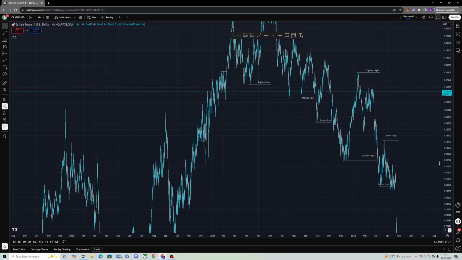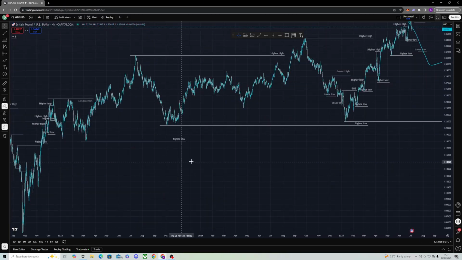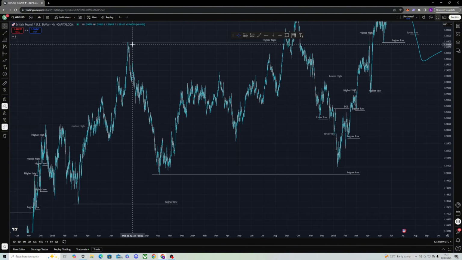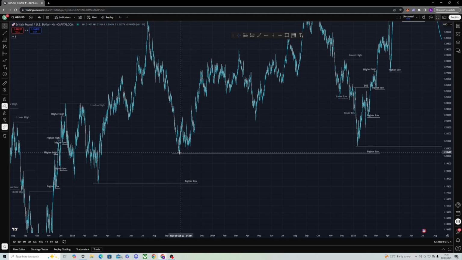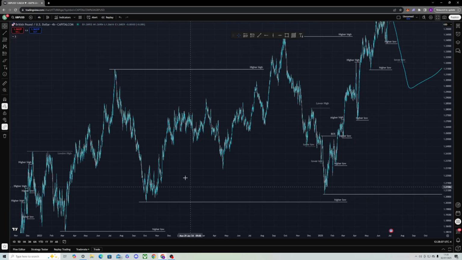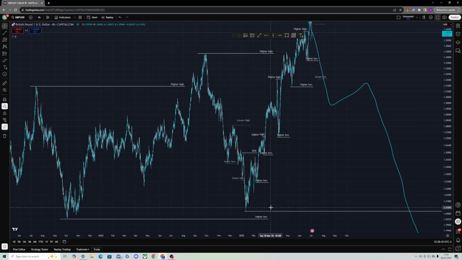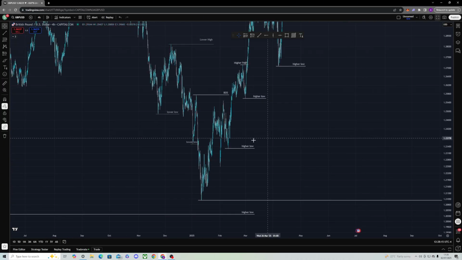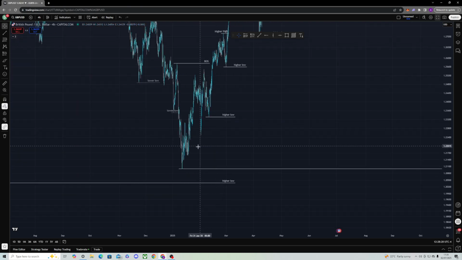As you can see, these are external, which is more obvious on a higher time frame. These are the external ones, and now these are the internal ones. So lower high, lower low. This is a lower high, but it's a breaker structure, as you'll see in a minute. Creating a lower low.